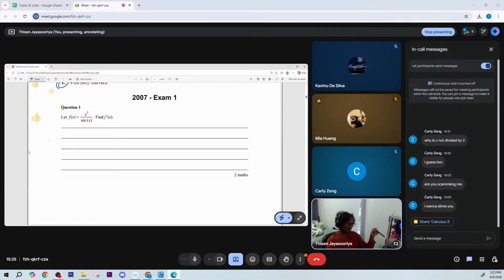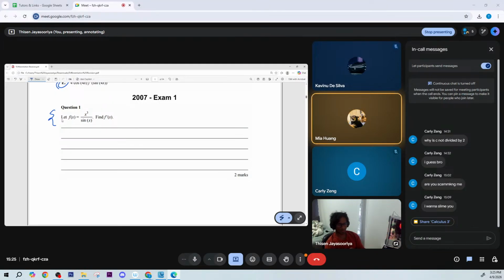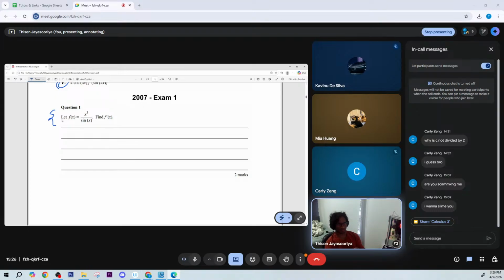So, Mia, how would I go about doing this one here? Which rule would this be? Quotient, because it's the quotient of two functions.